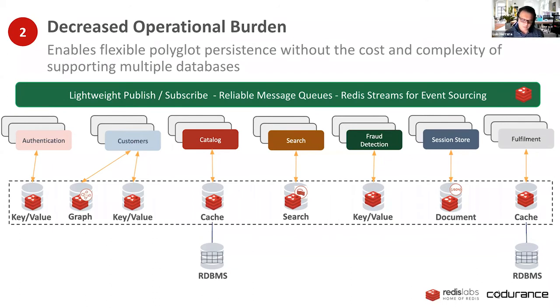So in this sense, we can say that Redis is the Swiss Army knife of databases and will help you decrease the operational burden that microservices architectures come with.